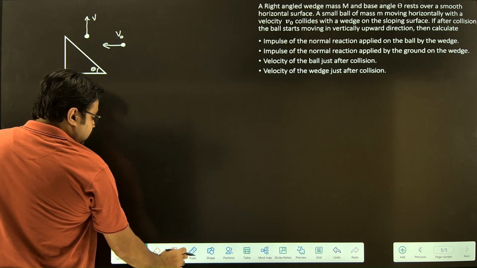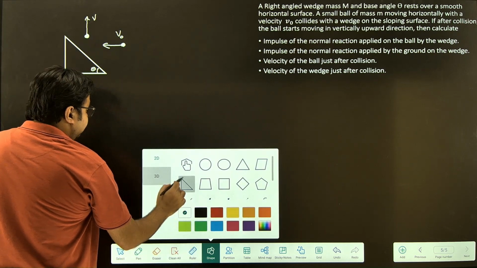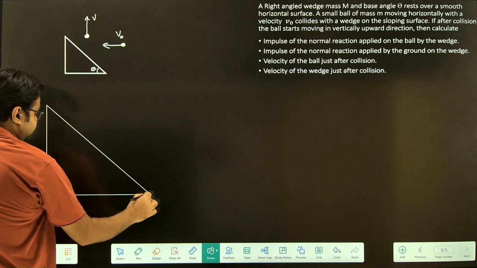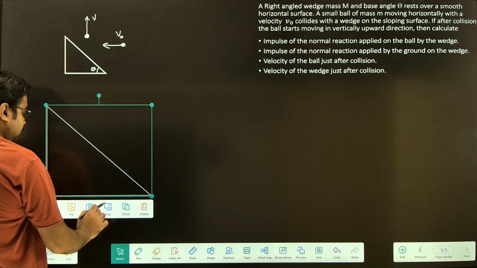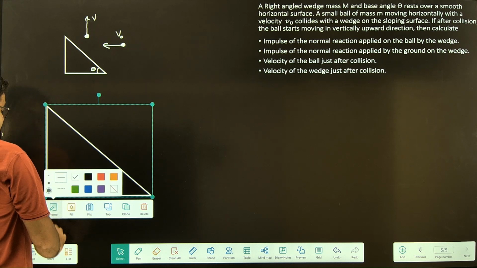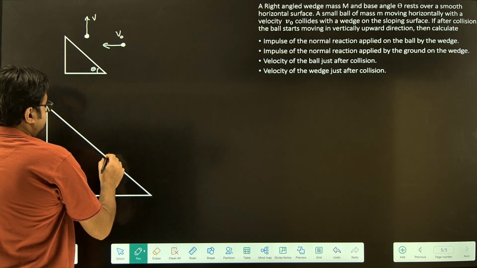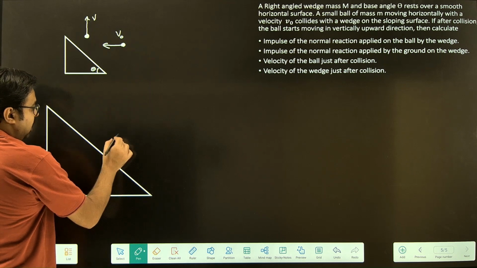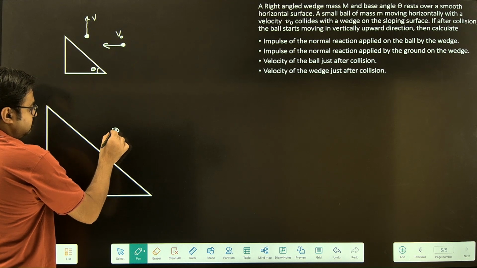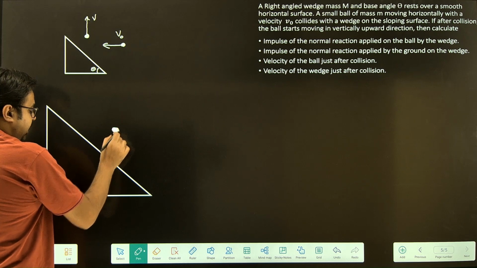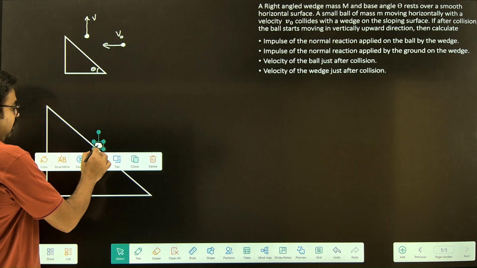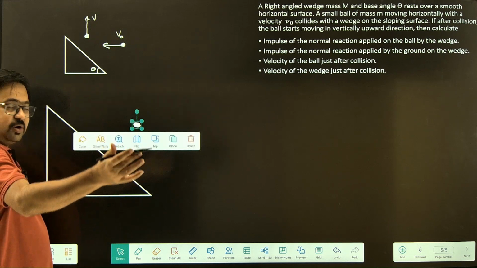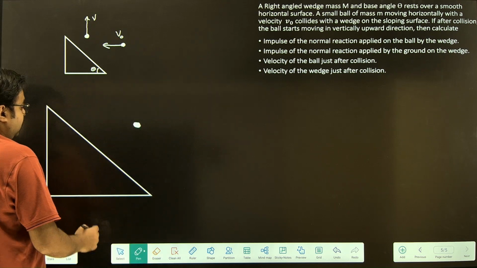Let me draw out the wedge once again so that things become very clear. This is when the ball is colliding. I can keep the ball here, it's colliding, but then I just want to separate them out and see what's happening during collision.